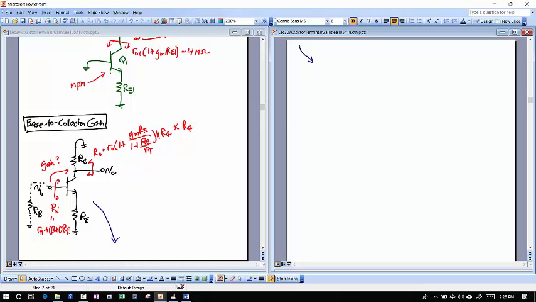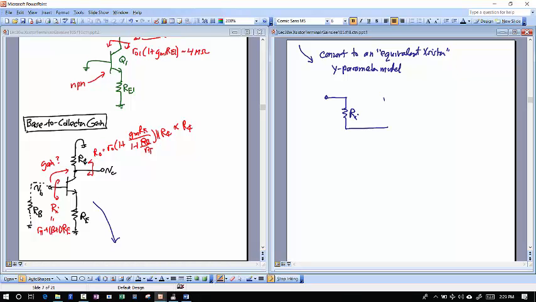And so what I want to do is convert this transistor loaded with resistors to an equivalent transistor Y parameter model. So it's going to be just like the hybrid pi model. I'm going to draw it like this, except this resistance looking in is going to be Ri.